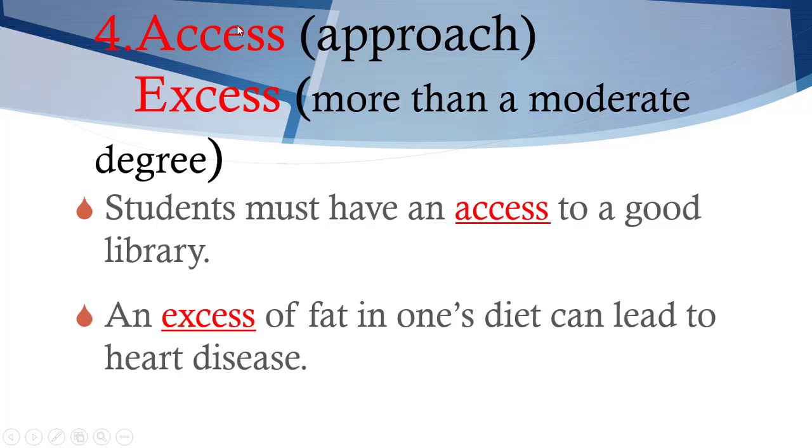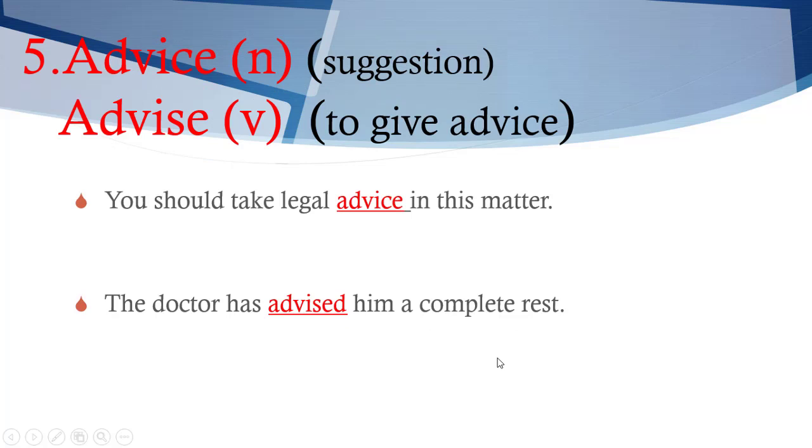The sentence for access is: students must have an access to a good library, whereas excess is used in the sentence as: an excess of fat in one's diet can lead to heart disease.